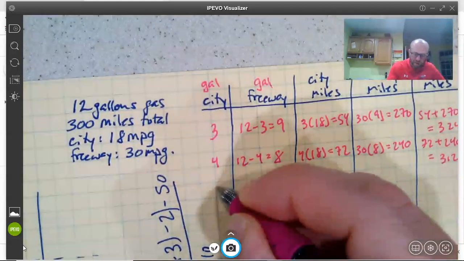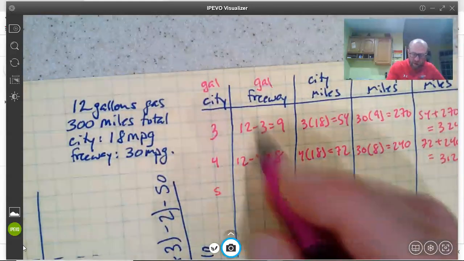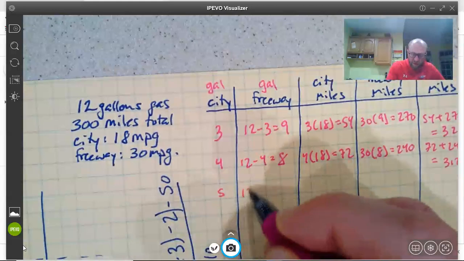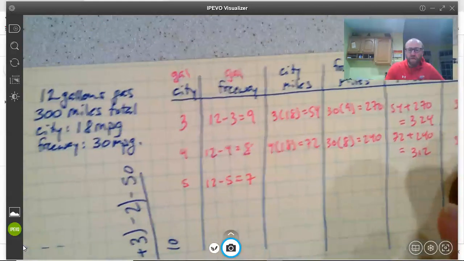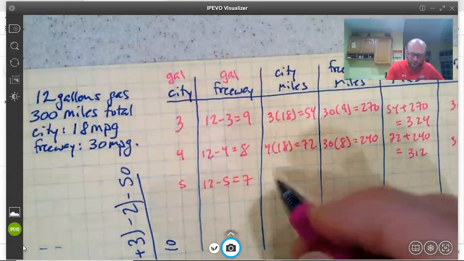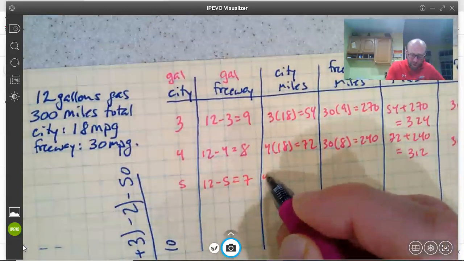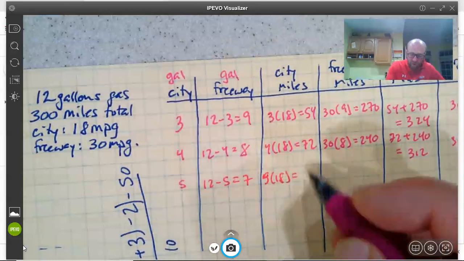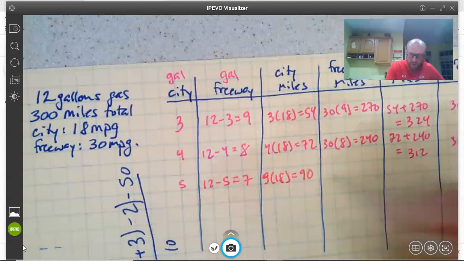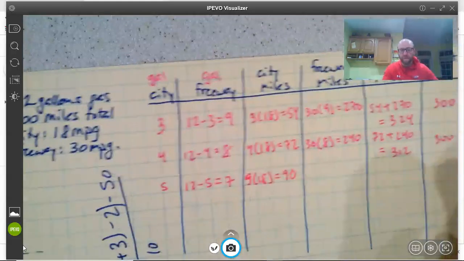So I think we're headed in the right direction. So let's try 5. If it's 5 gallons in the city, then 12 take away 5 means 7 gallons on the freeway. For our city miles, at 18 miles per gallon, we have 5 times 18 equals 90. That's 90 miles in the city.